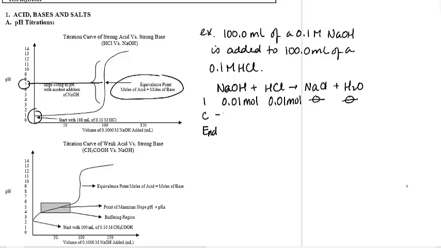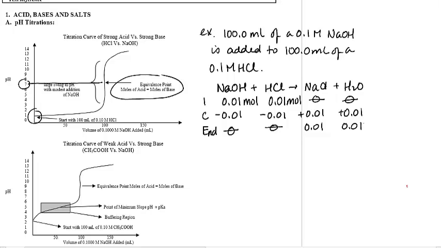So we subtract in our change row 0.01 moles of NaOH, subtract 0.01 moles of HCl, and we produce 0.01 mole of NaCl, and we produce 0.01 mole of H2O. Our resulting values are 0 moles of NaOH at the end, 0 moles of HCl at the end. We're going to have 0.01 mole of NaCl and 0.01 mole of H2O.